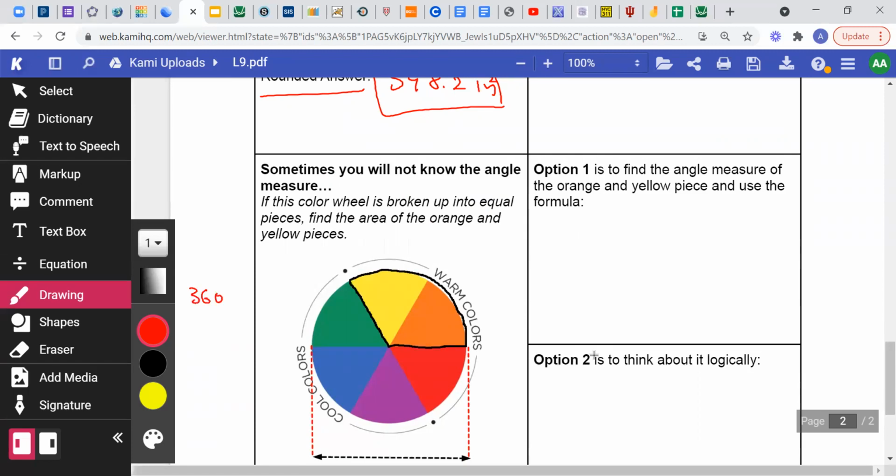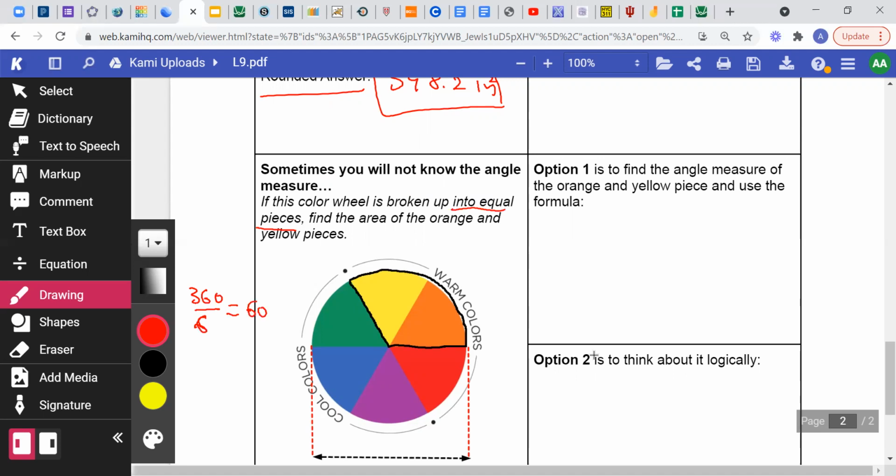And then since this circle is divided into equal pieces, how many pieces do we have here? How many pieces, class? 6. So you're going to divide this by 6. And what is 360 divided by 6? 60.